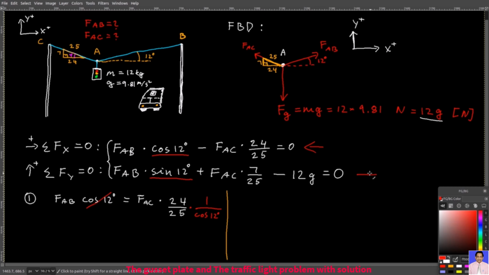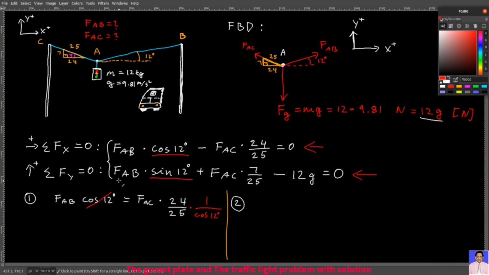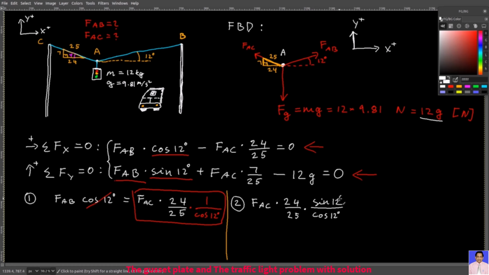And now we take the second equation, and instead of FAB, I write this expression. So that's FAB, and then here I have sine 12 degrees, so I'm going to put it here as well. Then plus FAC times 7 over 25, that's this term here. And now I have minus 12g, and I can put that to the other side of the equation sign.